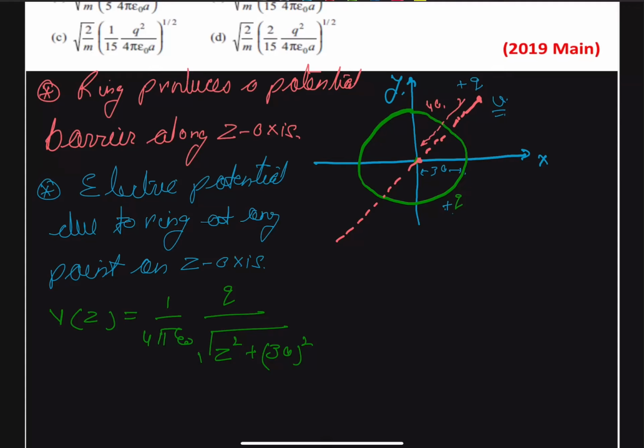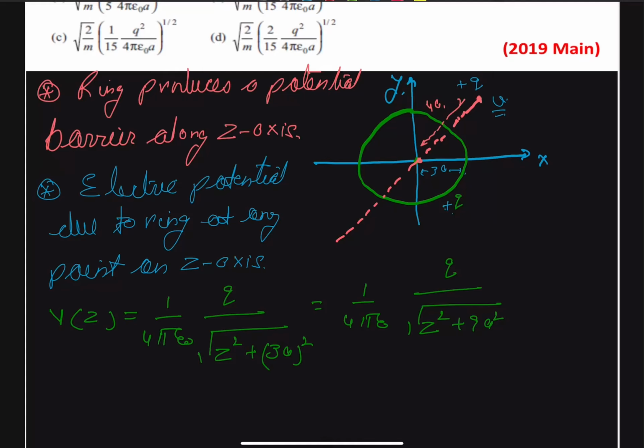So we can write it as 1 upon 4 pi epsilon naught, q divided by the square root of z square plus 9a square.